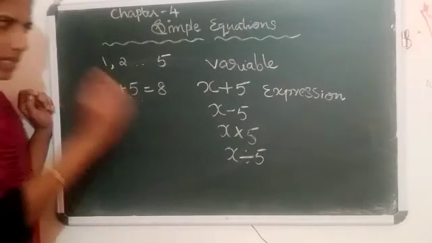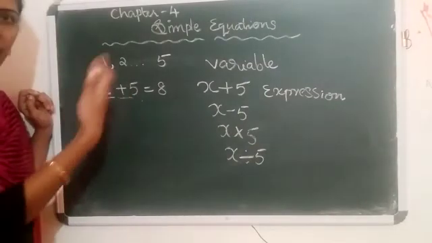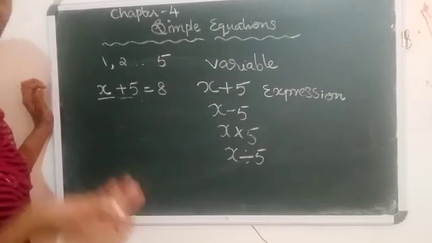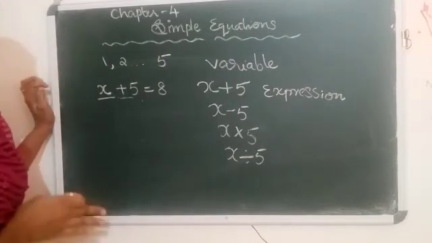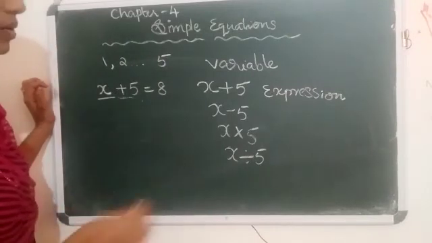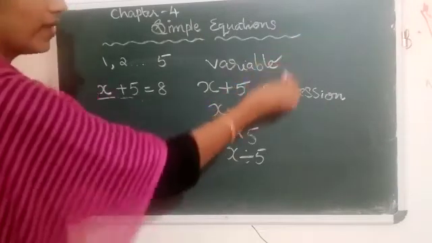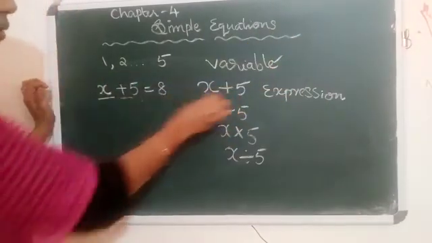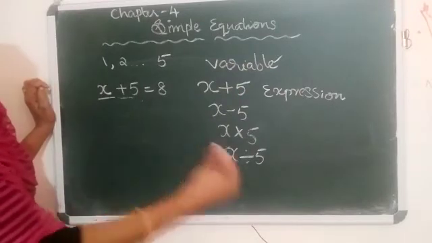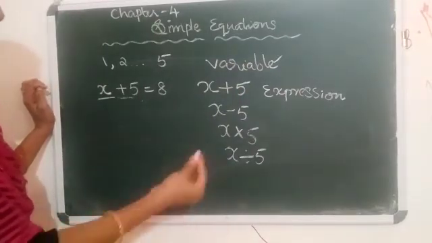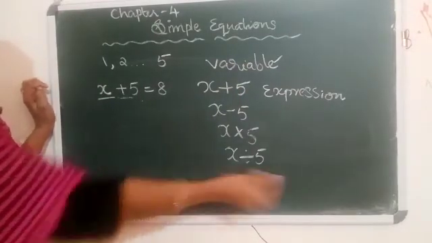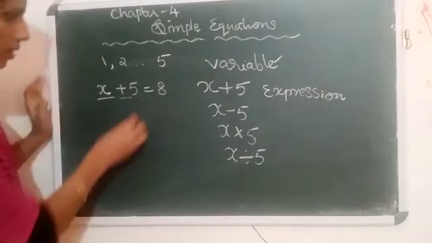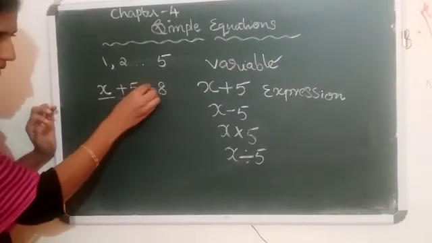Clear? So what is a variable? A variable may change. When we have an unknown number, we denote it by a variable. When operations like addition, multiplication, division are performed on the variable, we call that an expression. Both are clear.